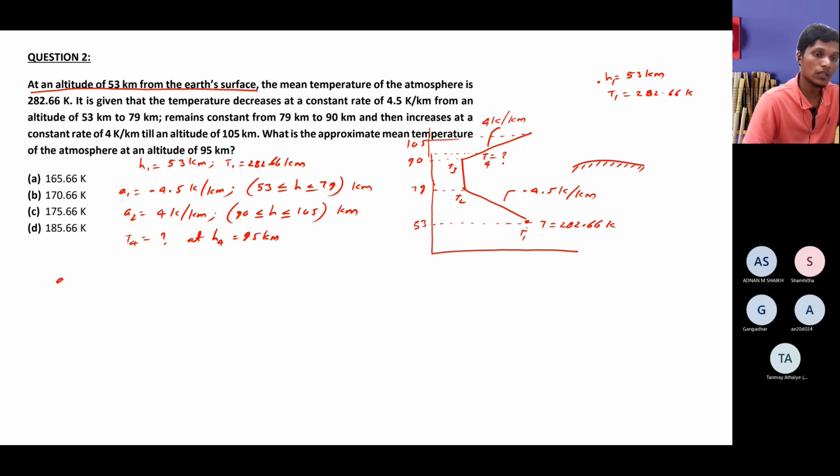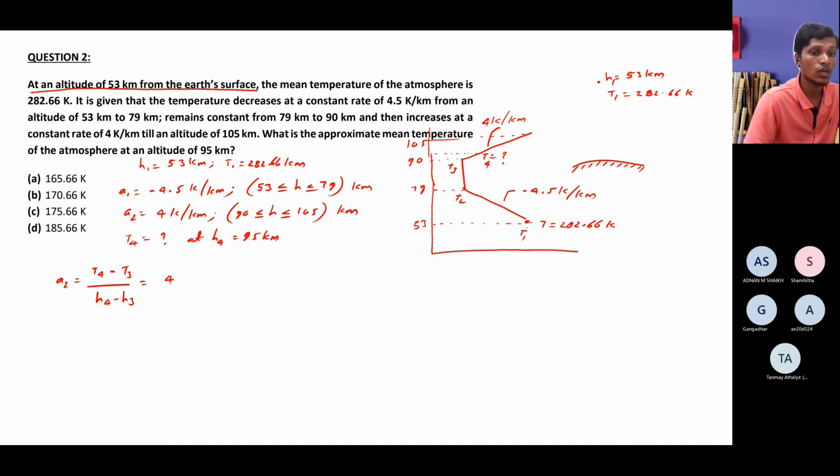Let's start from the second lapse rate. A2 equals T4 minus T3 by H4 minus H3, and that equals 4 Kelvin per kilometer.